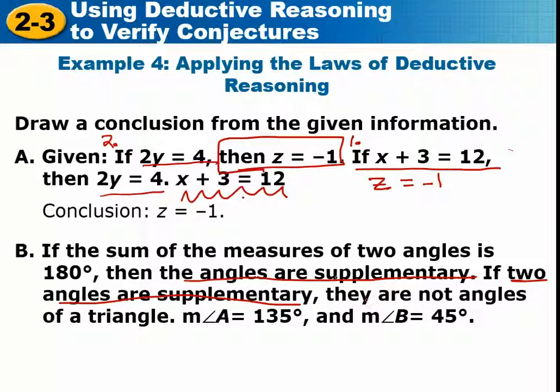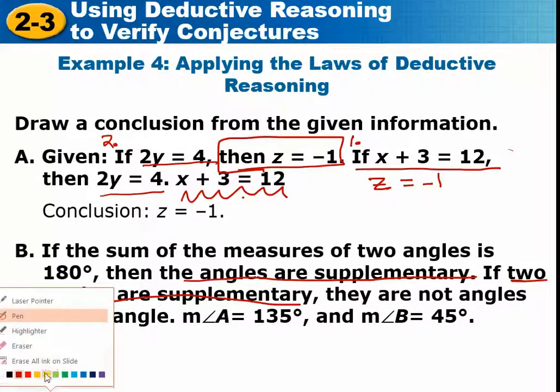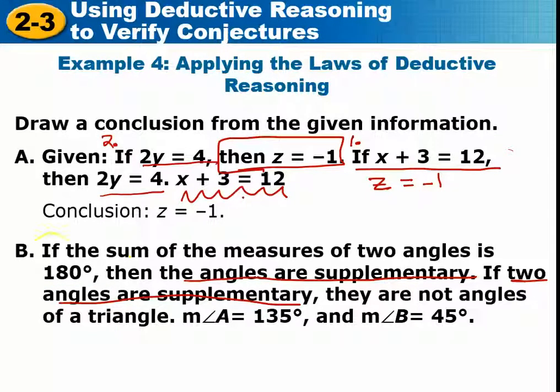The conclusion matches the hypothesis, which means that we can jump over this using the law of syllogism and say that if the sum of the measures of two angles is 180, I have to get that in there too, then they are not angles of a triangle.